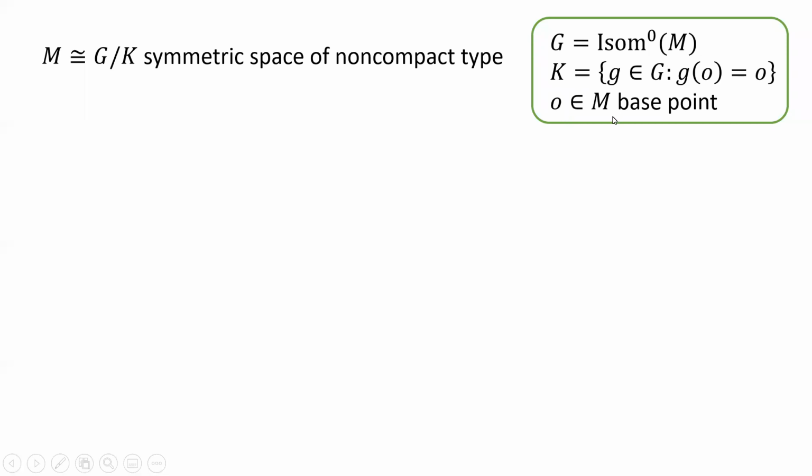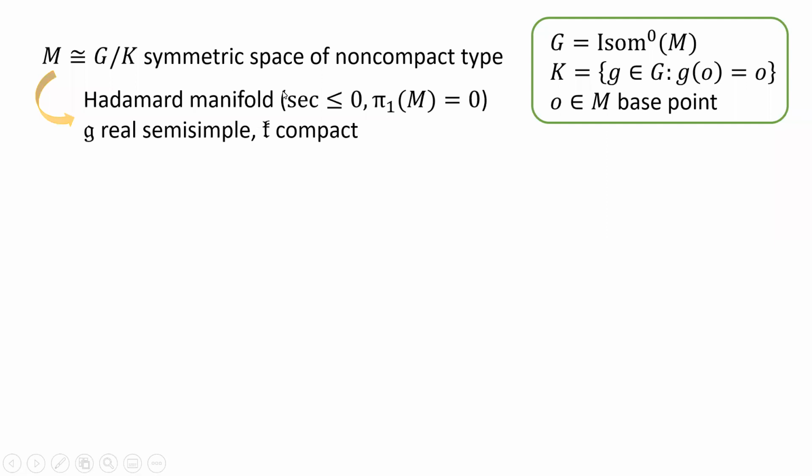Okay, o is an arbitrary point in M. Good. So we know that a symmetric space of non-compact type is a Hadamard manifold, so non-positive sectional curvature. It's diffeomorphic to an open Euclidean ball. So you can have in mind this picture of such a space as an open Euclidean ball with some metric with very nice properties, a symmetric metric with lots of isometries and so on.